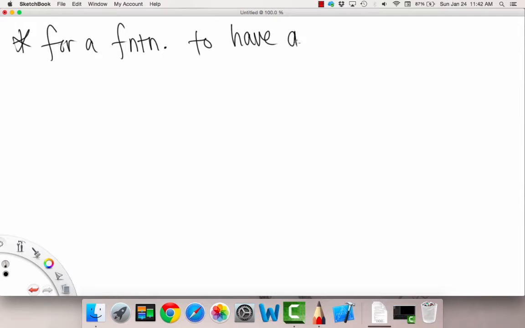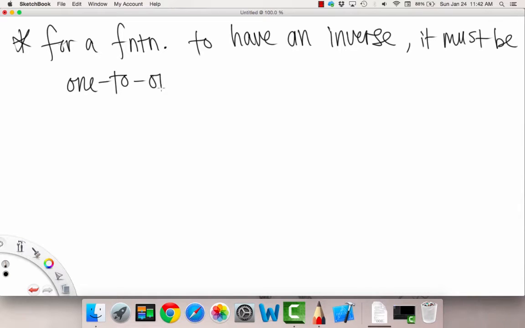Okay, something important to note about functions is the following. For a function to have an inverse, because not all do, a function must pass a certain test or a certain requirement. It must be 1-to-1. I'll just say a 1-to-1 function. We already know it's a function, but now we need to specify that it's 1-to-1.